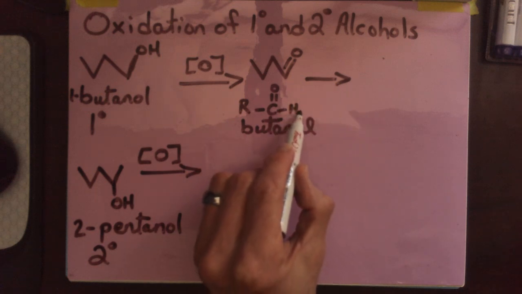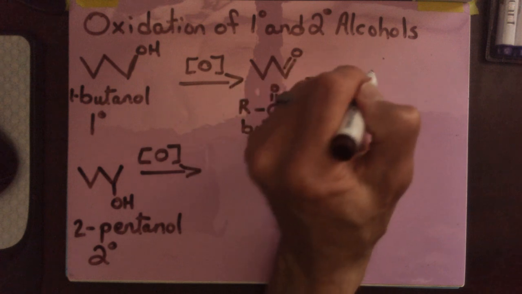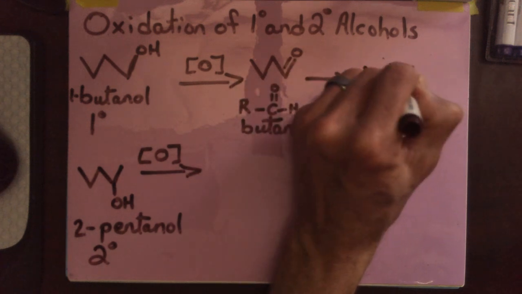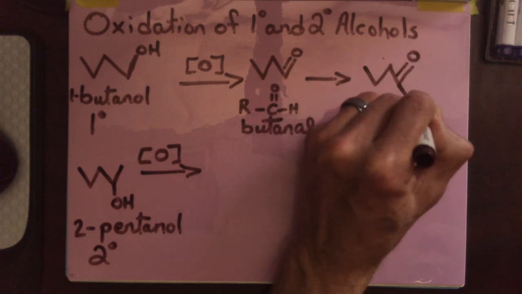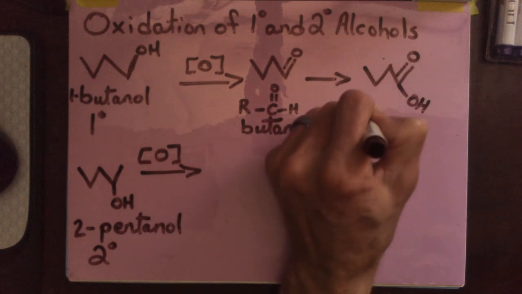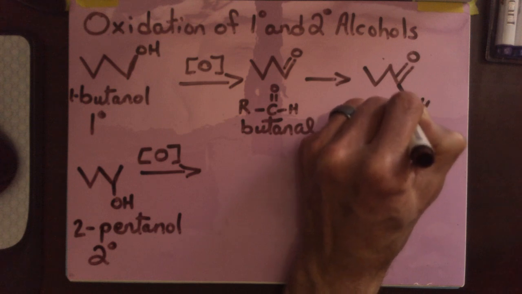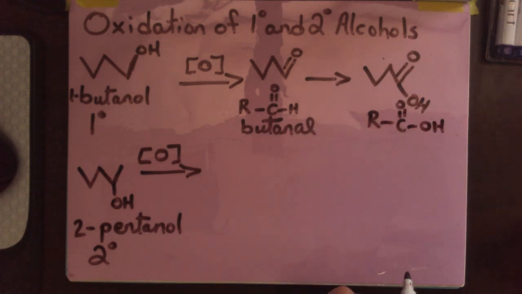So the hydrogen here can have an oxygen added to it, so we get something like this. We keep that double bonded O. Now we get an OH there. So we get a carboxylic acid: R, C, double bonded O, and the OH.